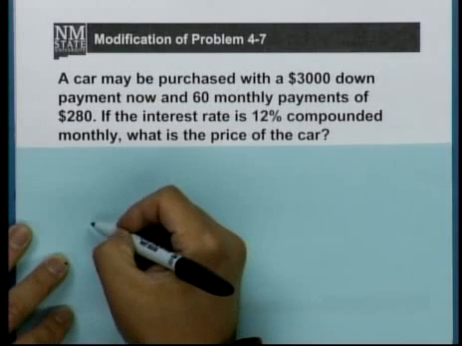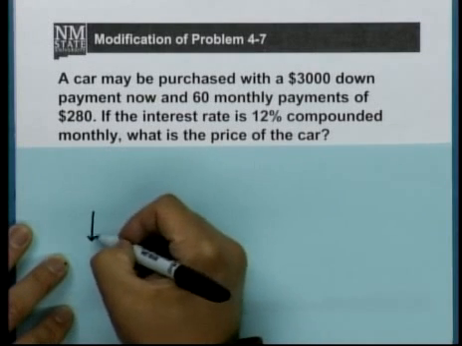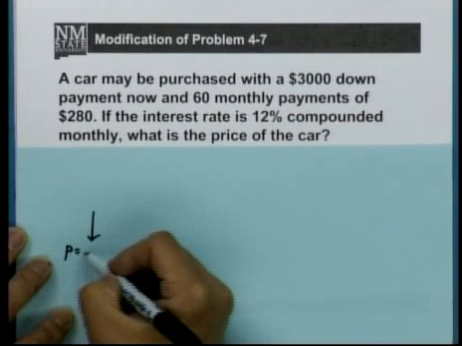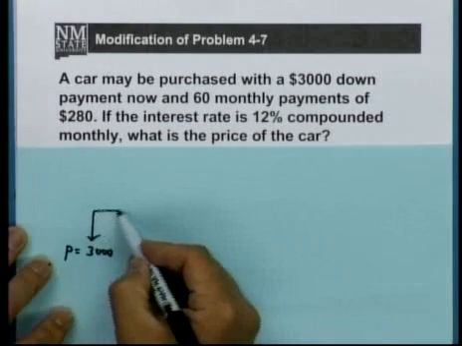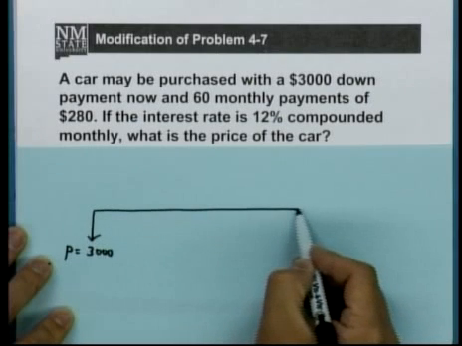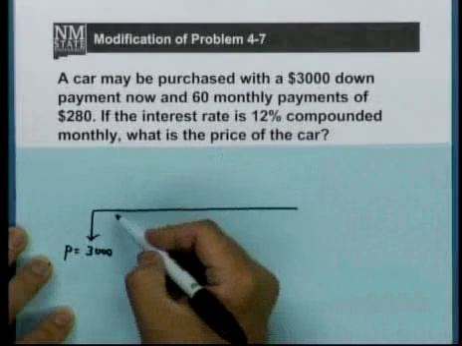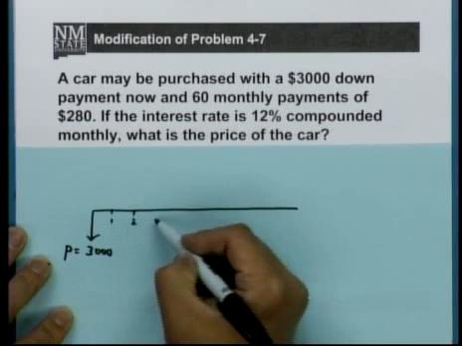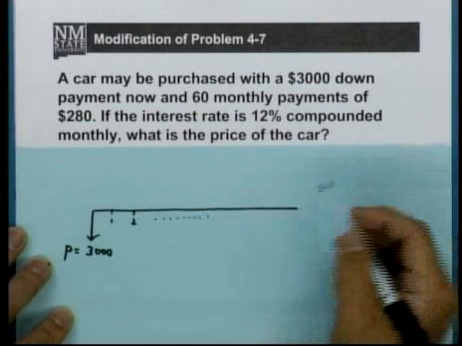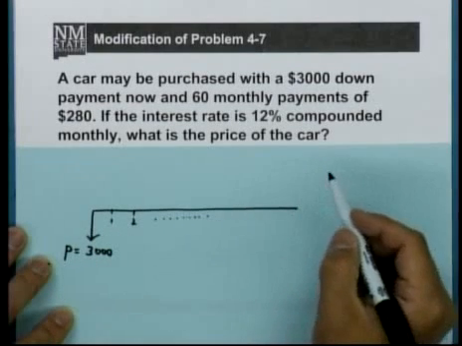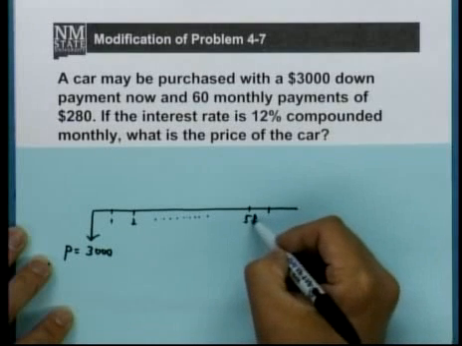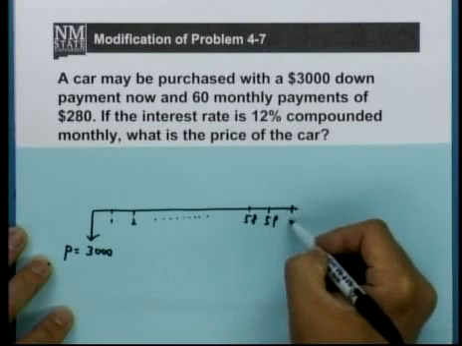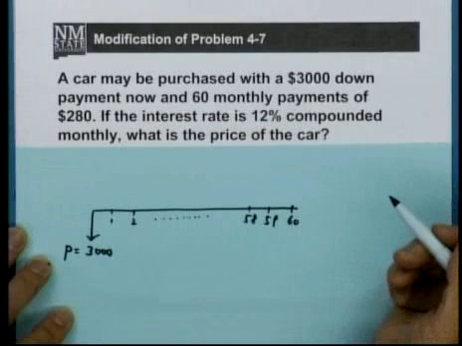So the down payment amount is $3,000. So P is given as 3,000, right?